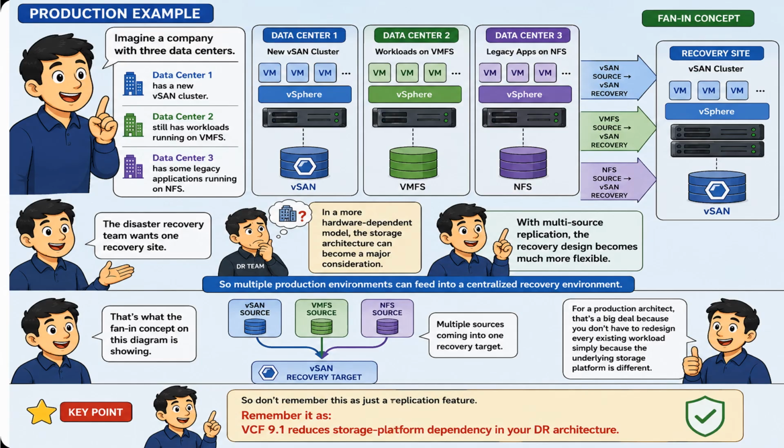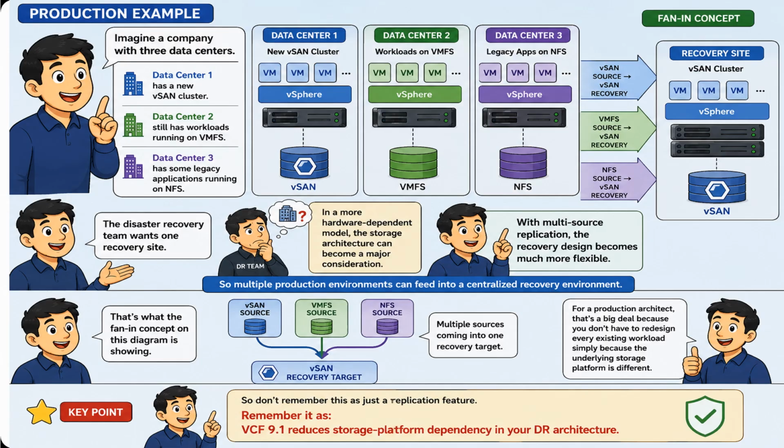As per this image, there is a company with 3 data centers. Data center 1 has a new vSAN cluster. Data center 2 still has workloads running on VMFS storage. Then data center 3 has some legacy application running on NFS.